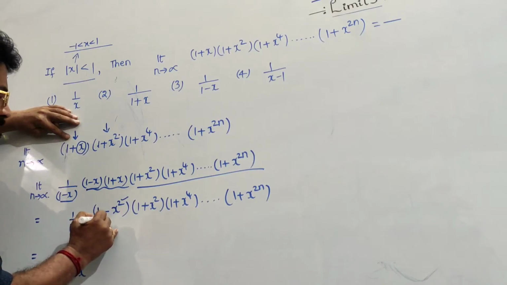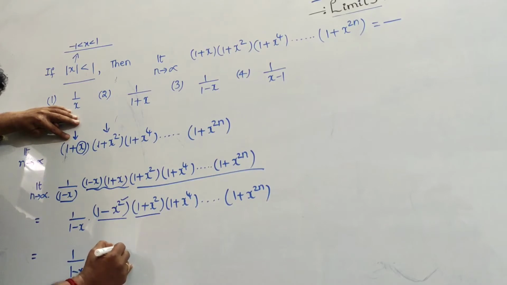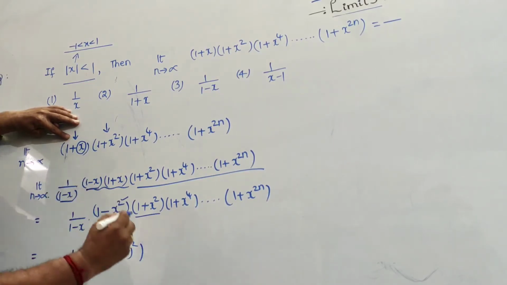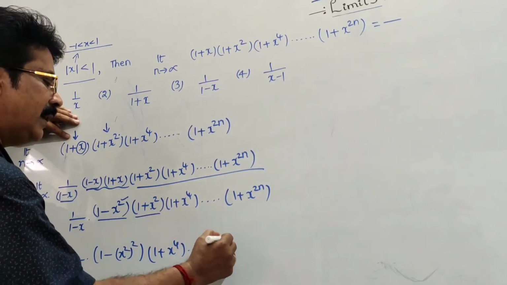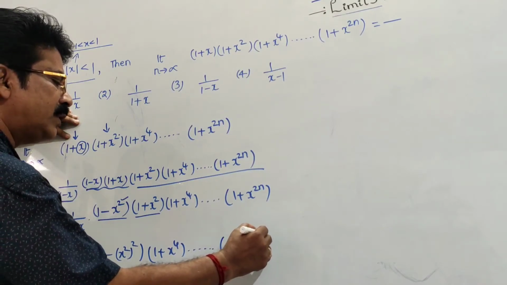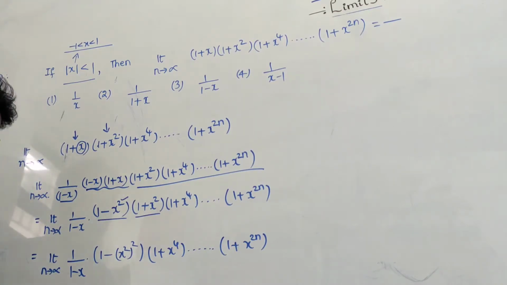Next, (a minus b) into (a plus b) will become (1 minus x square) whole square into (1 plus x to the power of 4) and so on (1 plus x to the power of 2n). It is also the limit as n tends to infinity, so that is equal to the limit as n tends to infinity of 1 by 1 minus x into.